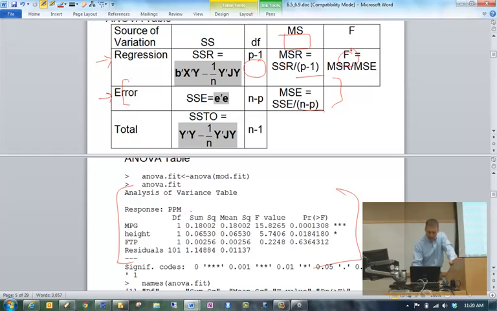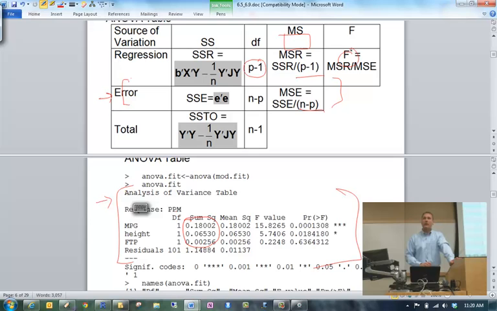So for example, if I were to add these three sums of squares together, I would get this SSR that's right there. Now, what this F value and this P value are representing, we'll talk about that in Chapter 7. It gets a little bit complicated, so I don't think it's worthwhile to talk about it here. But this is not exactly what's happening up here. So just stay tuned on that one.